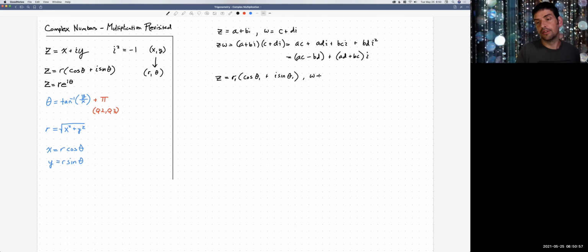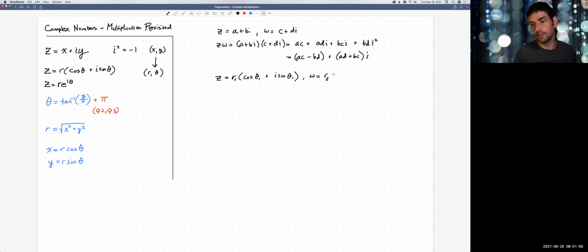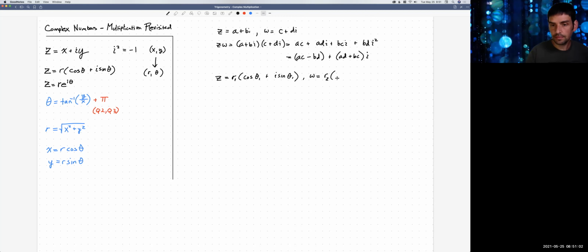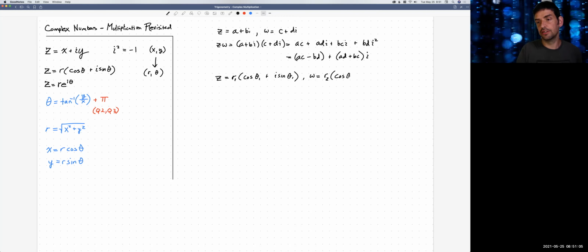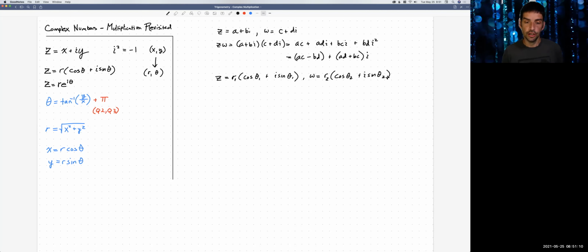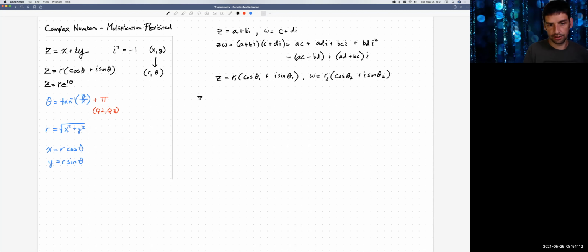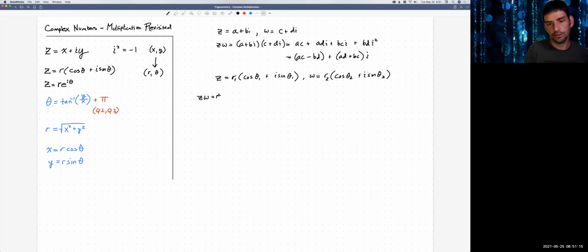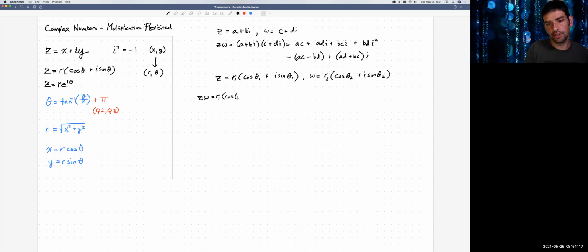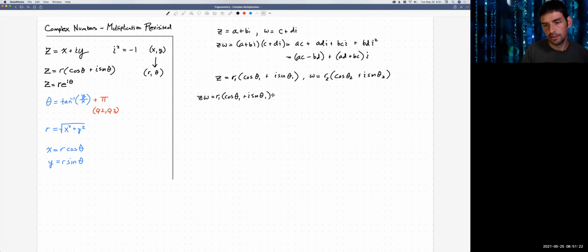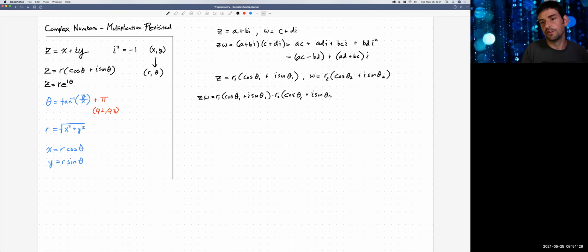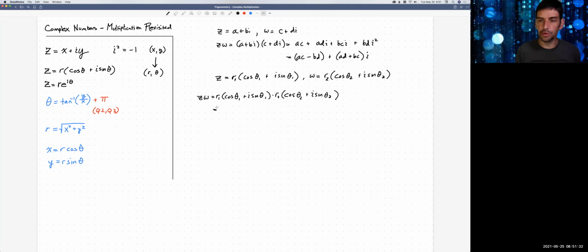And w would have some other radius or modulus, and we'd have a different angle that I'll call theta 2, right? So let's multiply these two together. So we'll take z times w. So we'll have r1 cosine theta 1 plus i sine theta 1 times r2 cosine theta 2 plus i sine theta 2. Do a little rearranging, right?